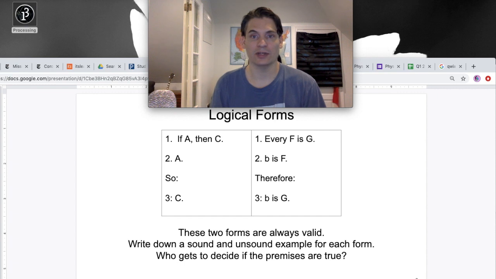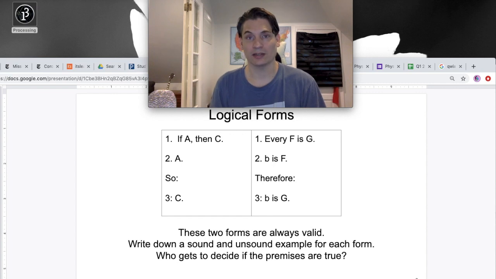Let's say every dog is a mammal, and Tony is a dog, therefore Tony is a mammal. Now this argument is totally valid, but let's imagine a situation where one of the premises is false. Let's say Tony is not a dog, he's actually a tiger. In that case, this argument is valid, but it's not sound because one of the premises is false.